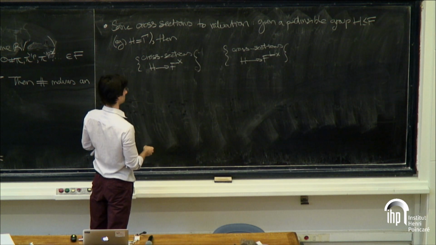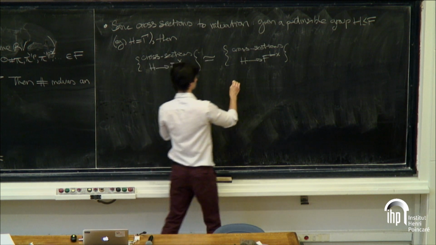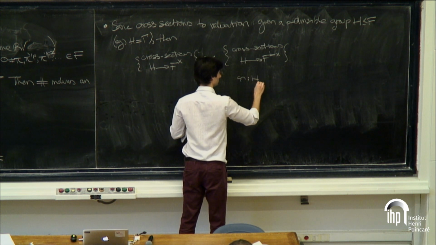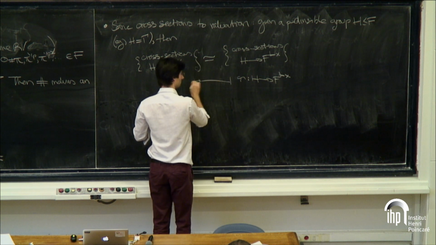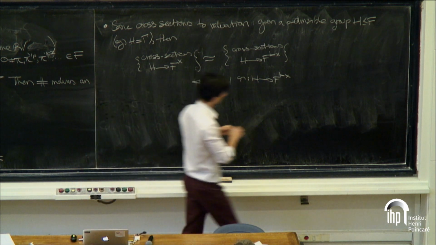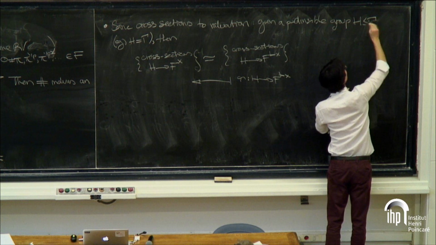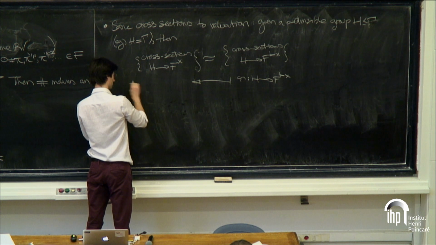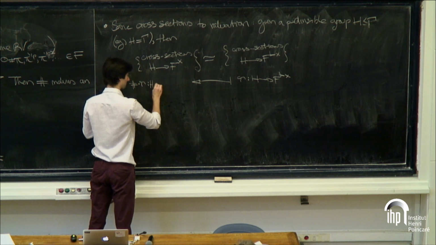Which way is the easiest one to write down? Well, they're in bijection. For example, if I have some cross section on the tilted side, then I can pull this back just by composing it with the untilting map.